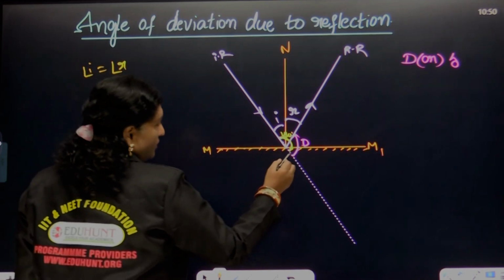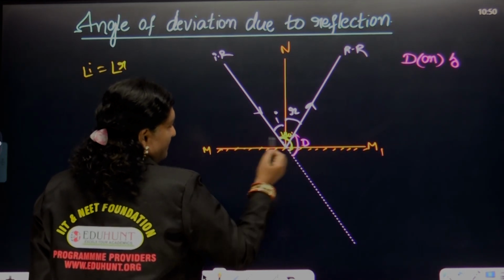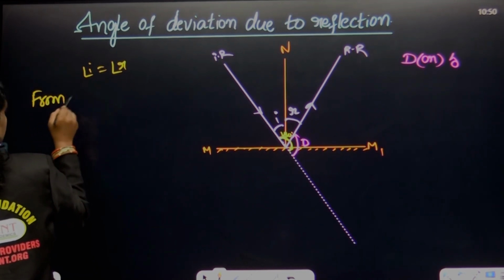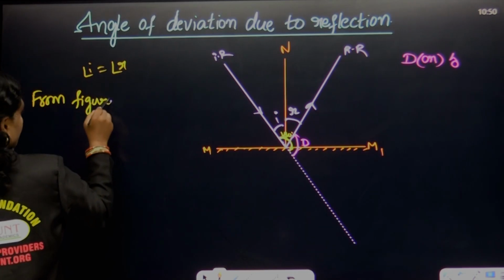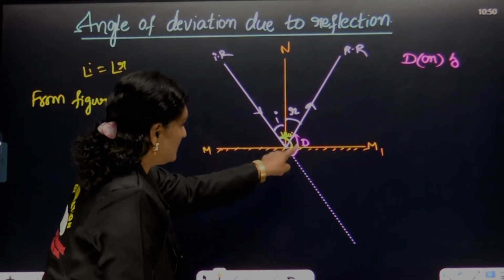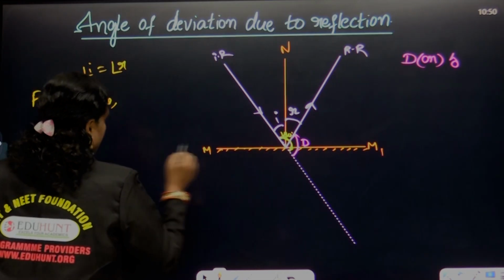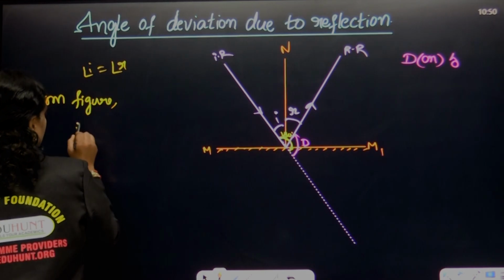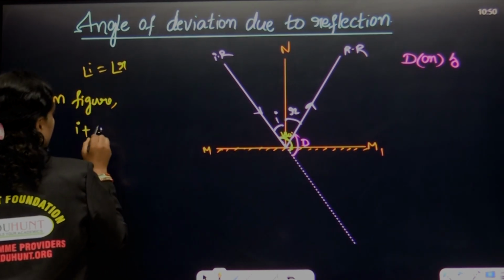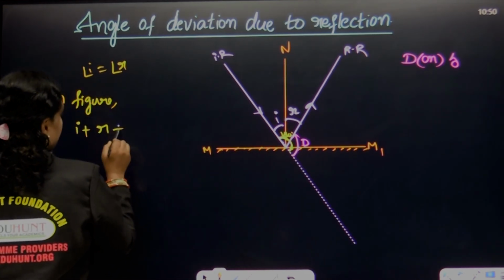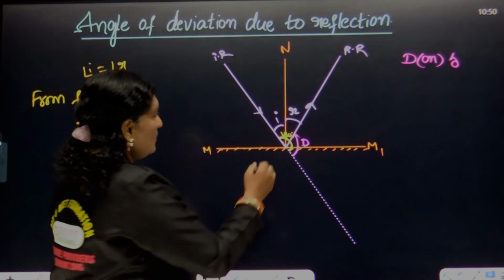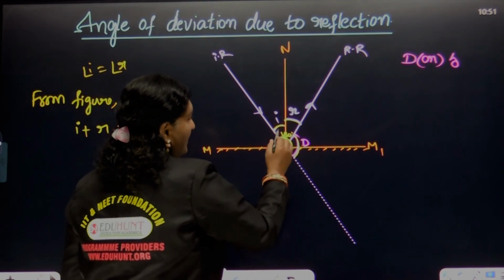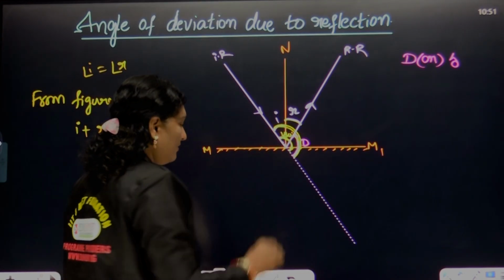From the figure, we observe that this angle I plus this angle R plus this angle D, all together will give you 180 degrees.